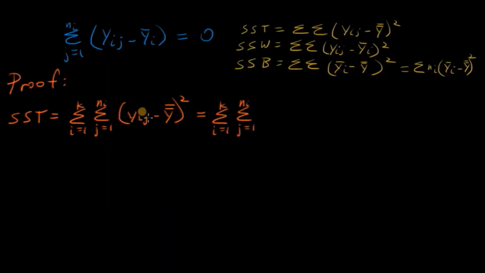So what I'm going to do now is just take this thing here, and I'm going to use a square bracket. And before I write this thing, I'm going to subtract a group mean, a miscellaneous group mean, and add it back immediately so that I haven't really changed anything.